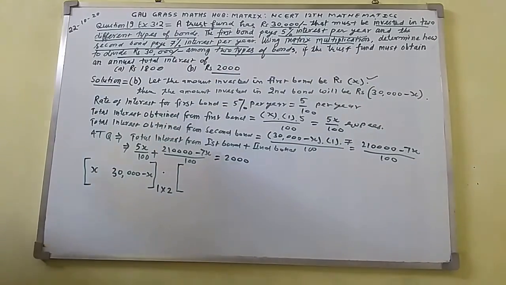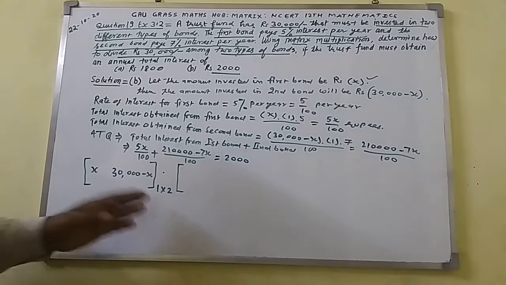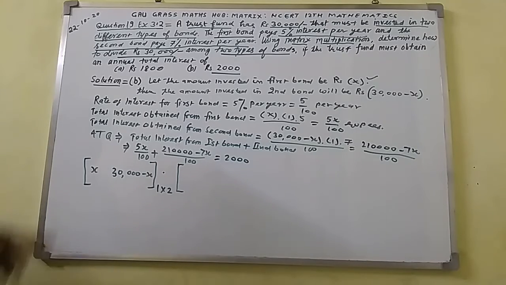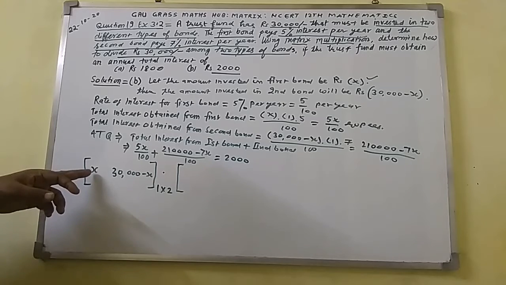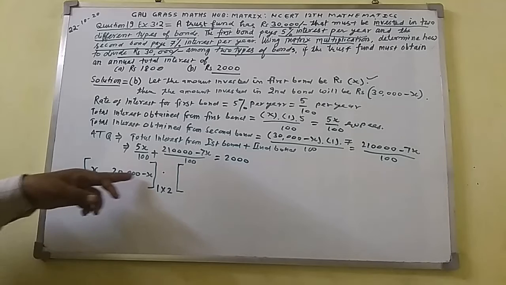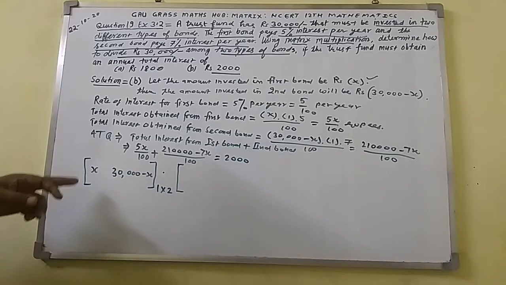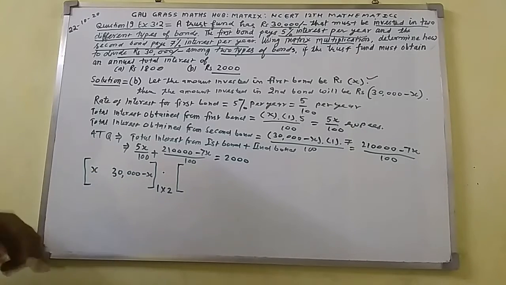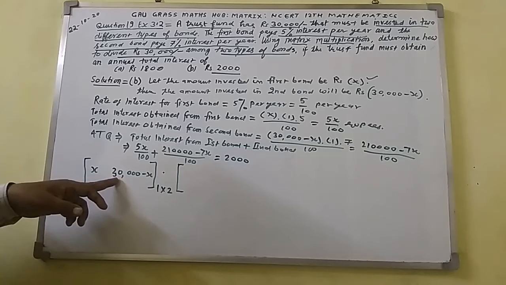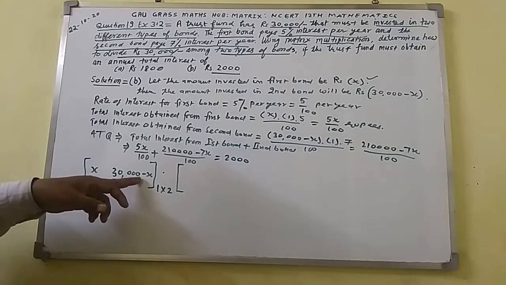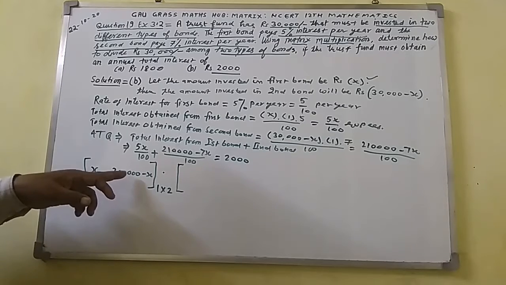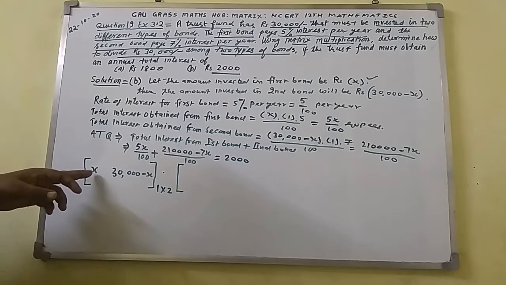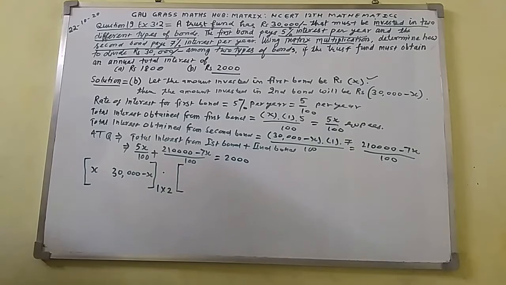Now the second matrix. In the first matrix, x is the principal and 30,000 minus x is also principal. These both terms are like terms and have been grouped together.